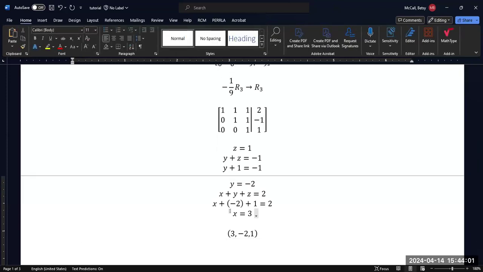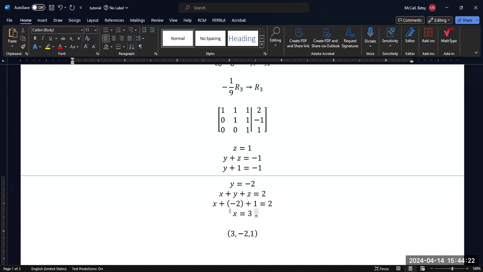Now I can do this by back solving, and this is fine. If I'm using technology, then I really don't want to stop here and do the math myself, because people are prone to making mistakes. So instead, what I can continue doing in my calculator is go to reduced echelon form.